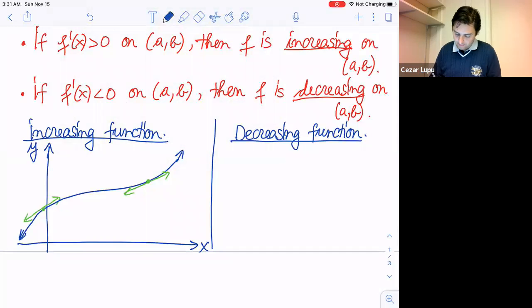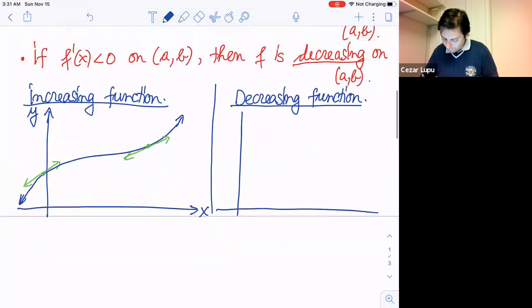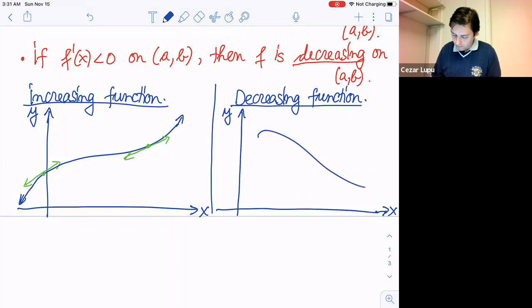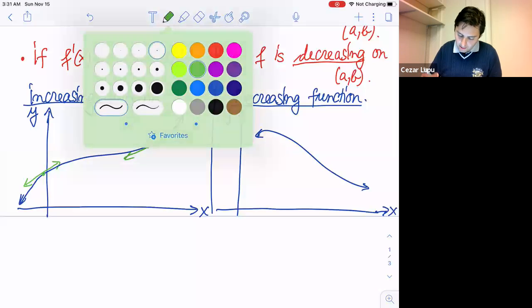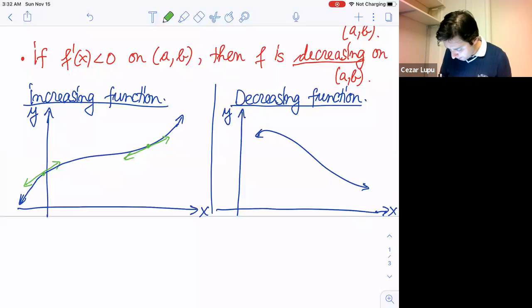Let me draw it again, something like this, then like this.